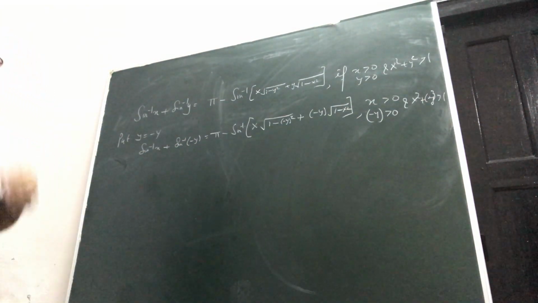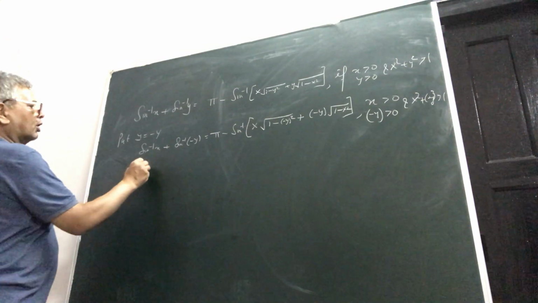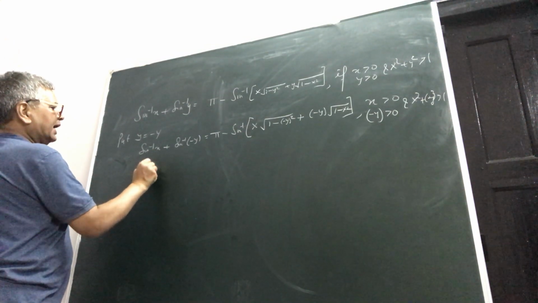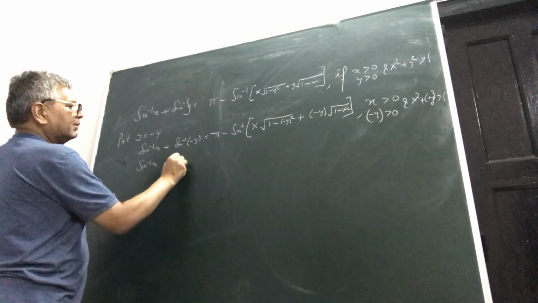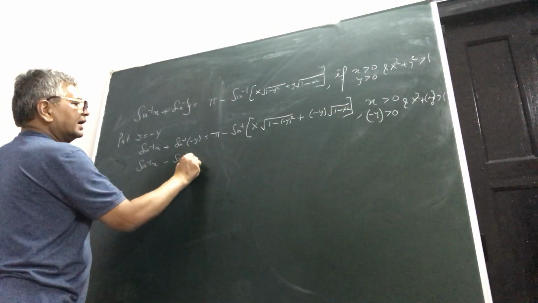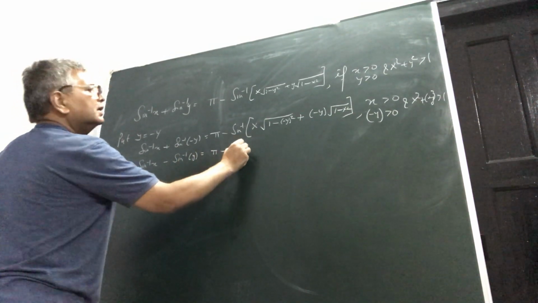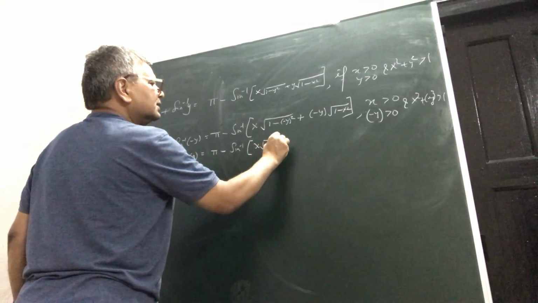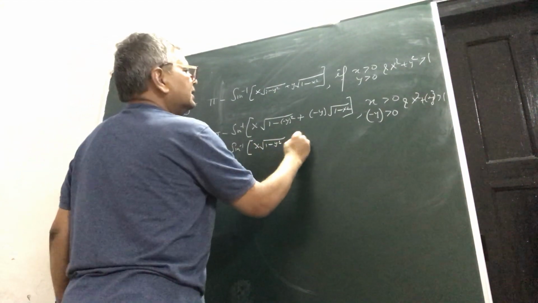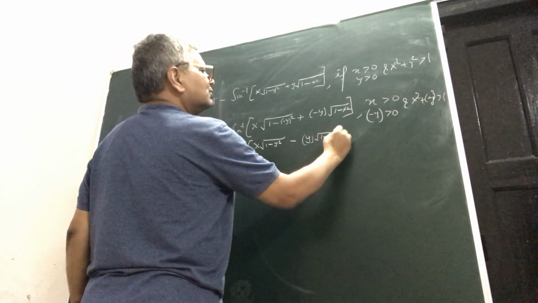Now see what is to be done. Here this thing becomes what? Sine inverse x plus sine inverse minus y becomes sine inverse x minus sine inverse y, which is equal to pi minus sine inverse of x under root 1 minus y square minus y under root 1 minus x square.